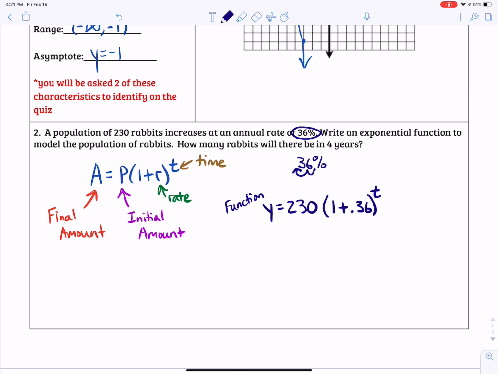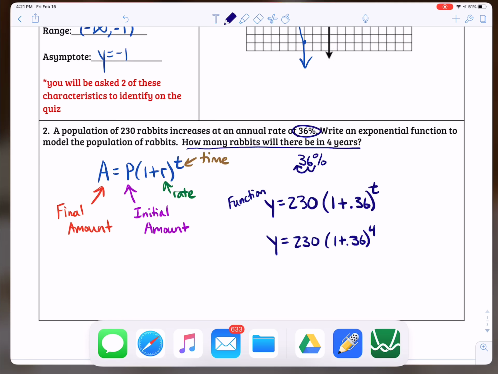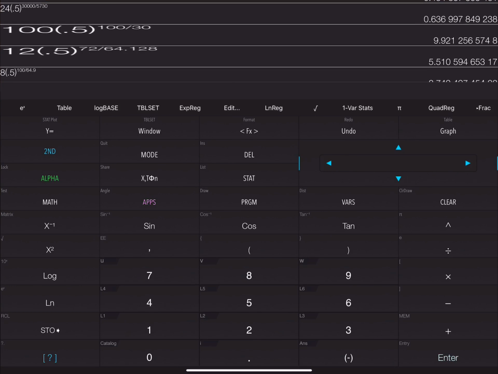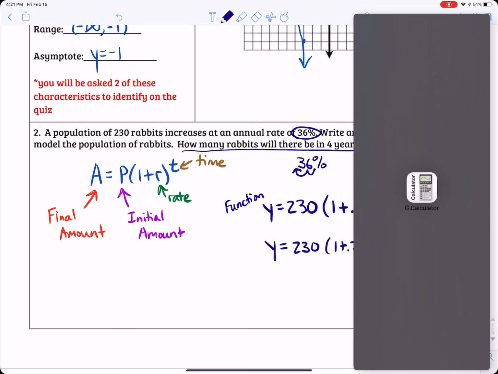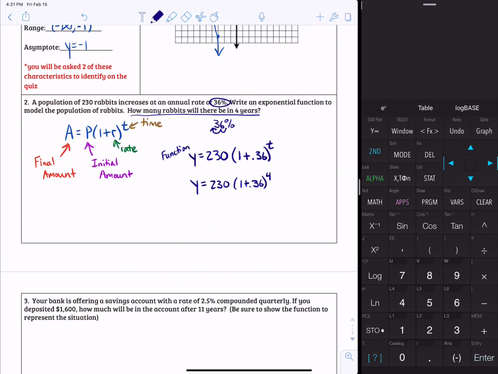But then it says, how many rabbits will there be in 4 years? Don't forget to plug in the 4 and figure that out. We're going to put in 4 years for time, and then type that in the calculator. Let me grab my graphing calculator and bring that up here and clear out that stuff.